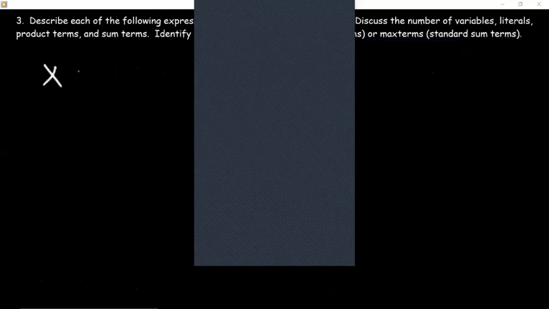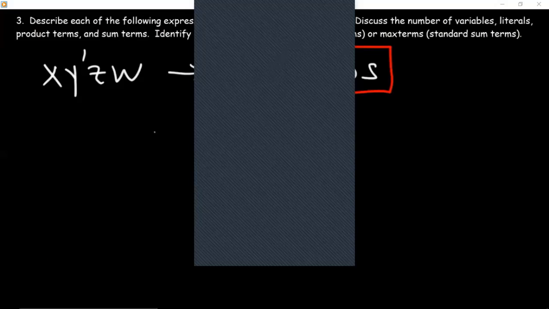Now let's move on to our next example. Let's say we have the expression xy'zw. So this expression, is it an SOP expression, a POS expression, both, or neither? What would you say? It turns out that this is both a sum of products expression, and you could describe it as a product of sums expression.